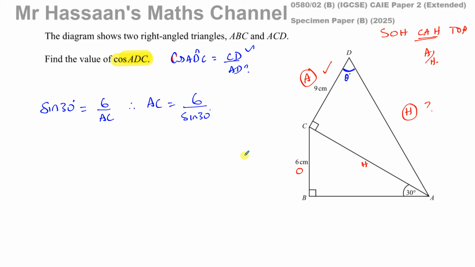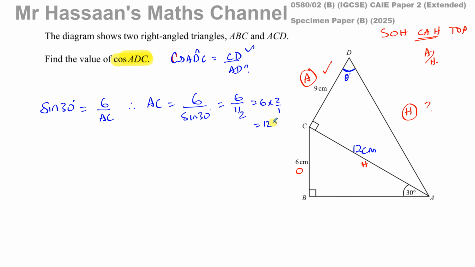This is where it comes into play that we should know certain exact values of ratios of certain angles. We should memorize them. One of those is the sine of 30 degrees, which is equal to a half. So this is like 6 divided by a half, which is 6 times 2 over 1, which is 12. So this here is 12 centimeters.